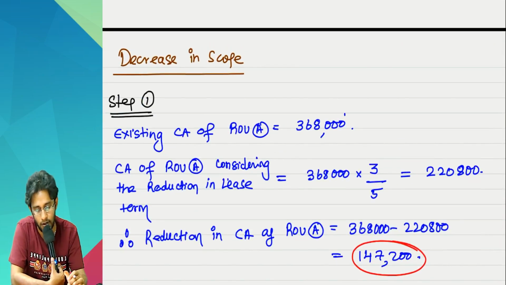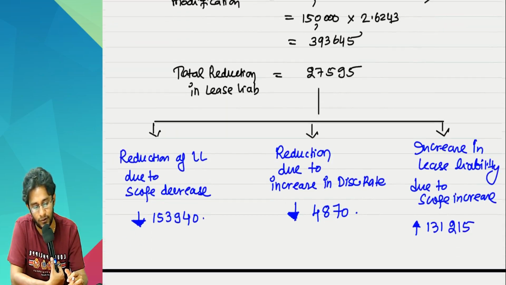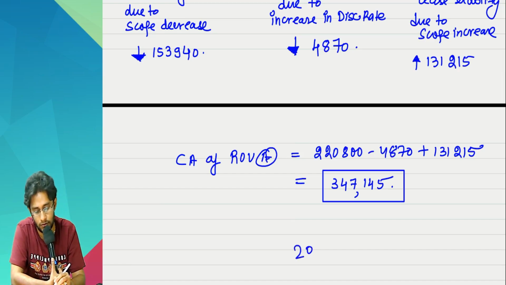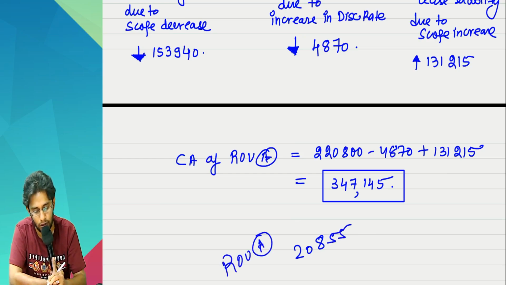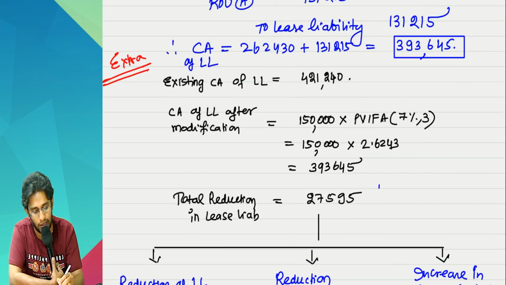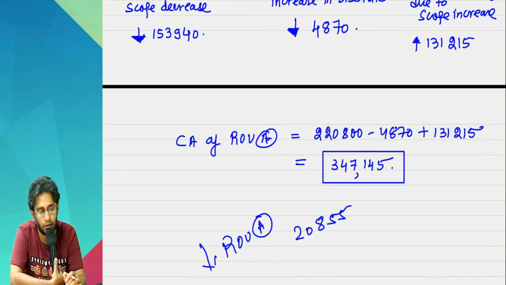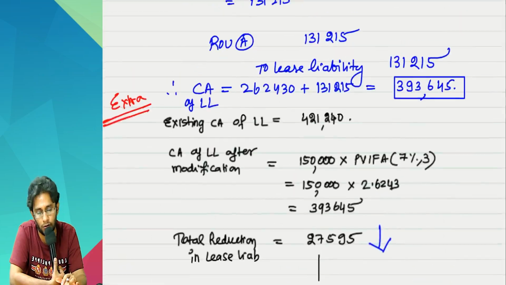Take your calculator. It has fallen from 368,000 to 347,145. How much decline is that? 20,855. This is the ROU asset reduction. This is the liability reduction. Check the gap: 27,595 minus 20,855. That is exactly the effect in your PRL.